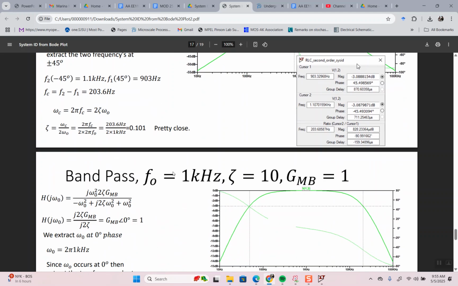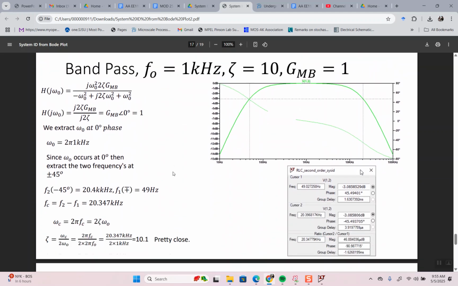Now I have a very large damping coefficient, and the band that's passing is quite large. You can see that it still goes from, well, actually the phase as shown isn't going from 90 to minus 90 because I just didn't plot it out that far, right?